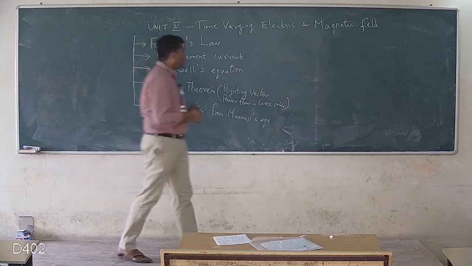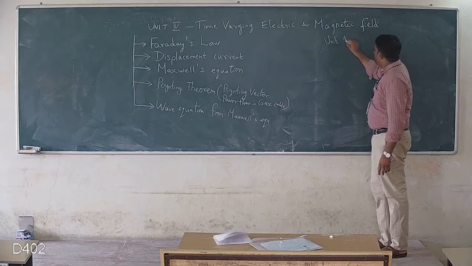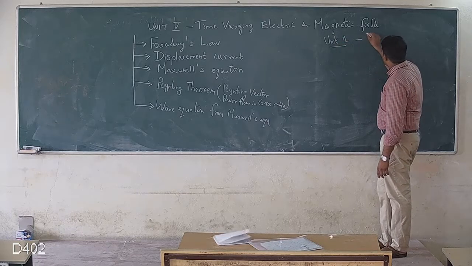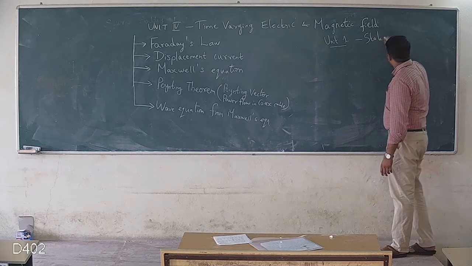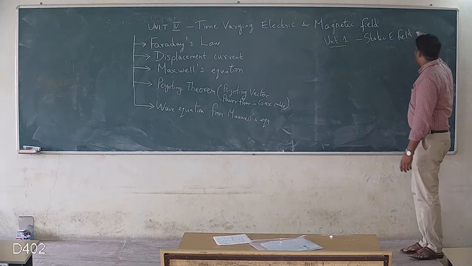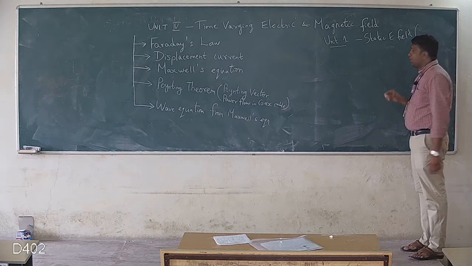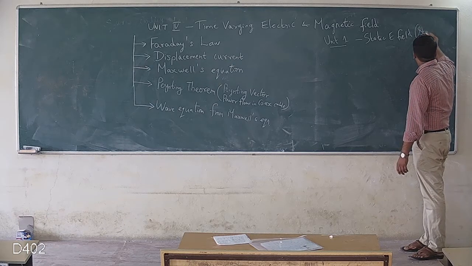Before going into the topic, let me recall unit number 1. In unit number 1, we discussed the static electric field, where the electric field is static because there is a stationary charge.